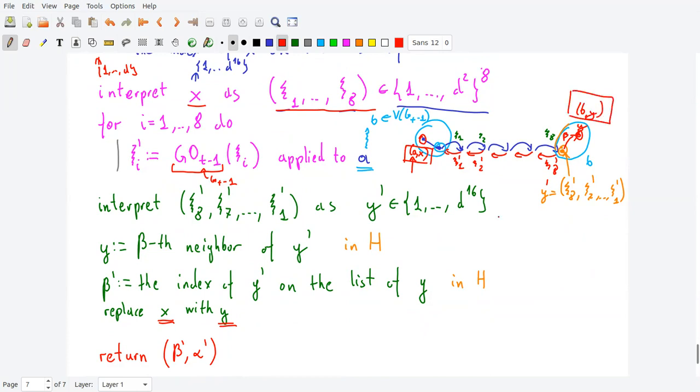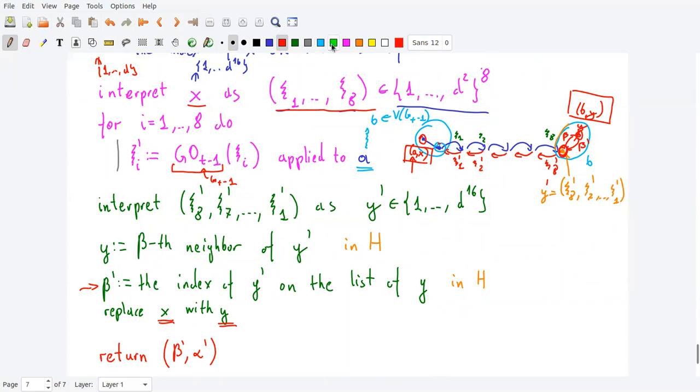And the return index is how I should proceed if I wanted to go from B comma Y to A comma X by reversing all of this. Well, I should use the return index B prime here, which was computed in this cloud. Where I am in this cloud tells me exactly how to proceed with this path back.